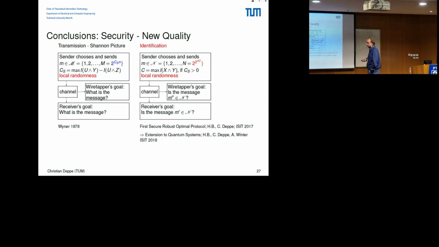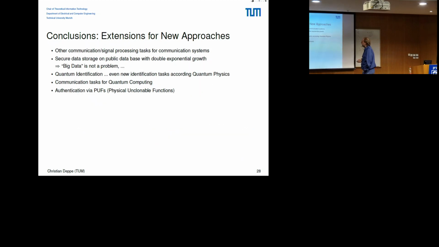You have the security of identification because you can already use it for C2, which I use here. For the C2, you just use a wiretap code, and the only thing that is necessary for the channel is that the secrecy capacity is bigger than 0. Then you can also transmit 2 to the power of 2^(nC_S) messages, so much more messages than in the case where it's C_S, the secrecy capacity, equal to this value here.